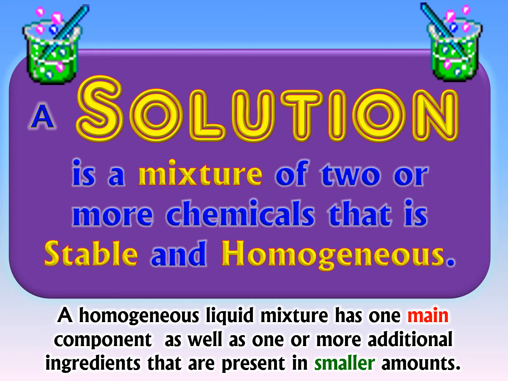And then only toward the very end will we be dealing with some combinations of three. So a homogeneous liquid mixture, which is usually how we find solutions, has one main component as well as one or more additional ingredients that are present in smaller amounts. So there's two chemicals, but usually one of them makes up more of it and the other one makes up less of it. We'll be talking about what those are called in a moment.